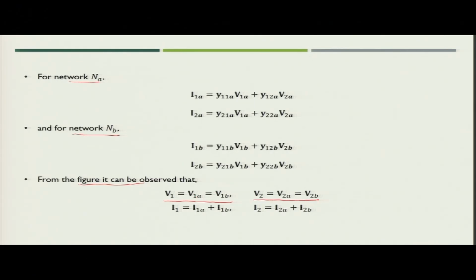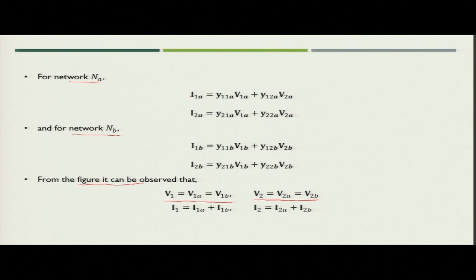Similarly, V2 is equal to V2A and equal to V2B, while the current is the summed up quantity of the individual two port networks, that is I1 is equal to I1A plus I1B and I2 equal to I2A plus I2B.